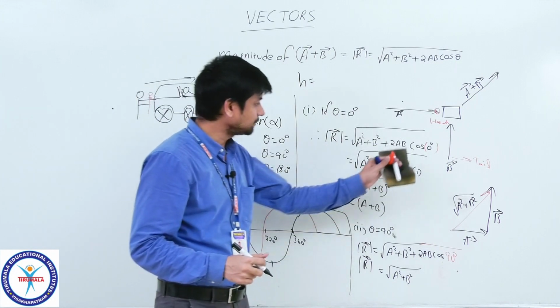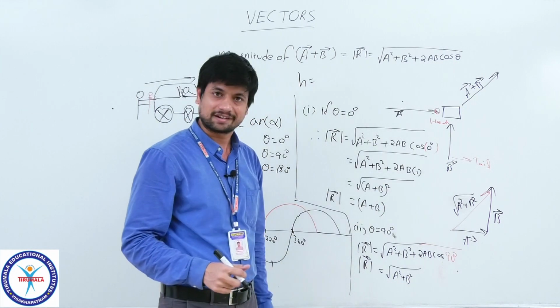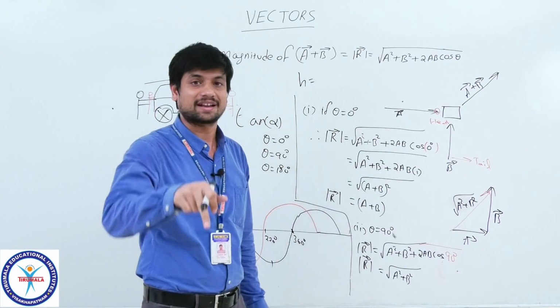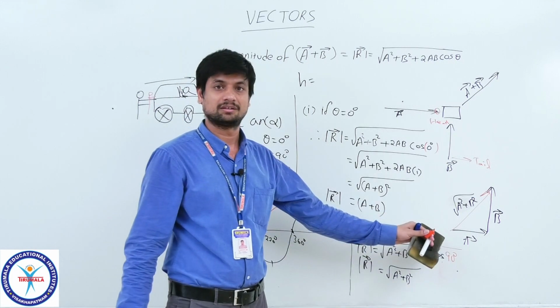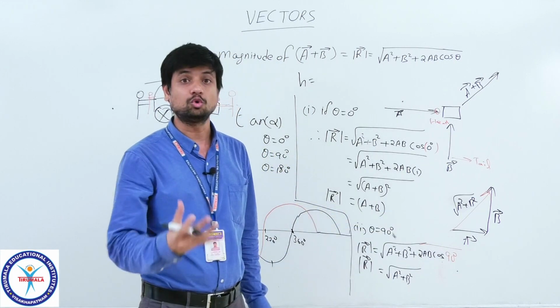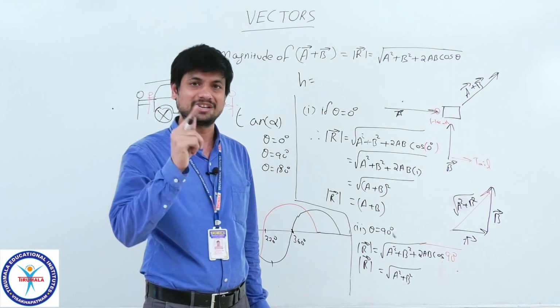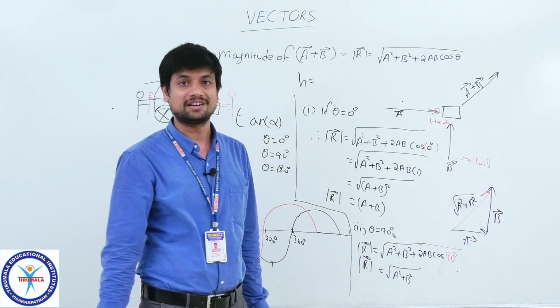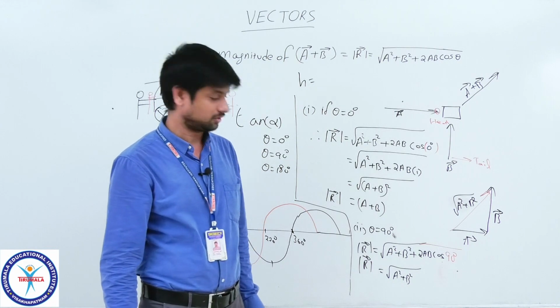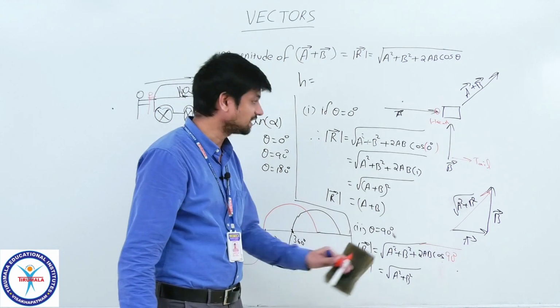So, even sometimes the angle is not 90, but we should make that triangle to be right angle, to apply the Pythagoras theorem, to know the magnitude. That is why Pythagoras theorem is very important to calculate magnitude. Okay. This is the second case. So, this is the answer.